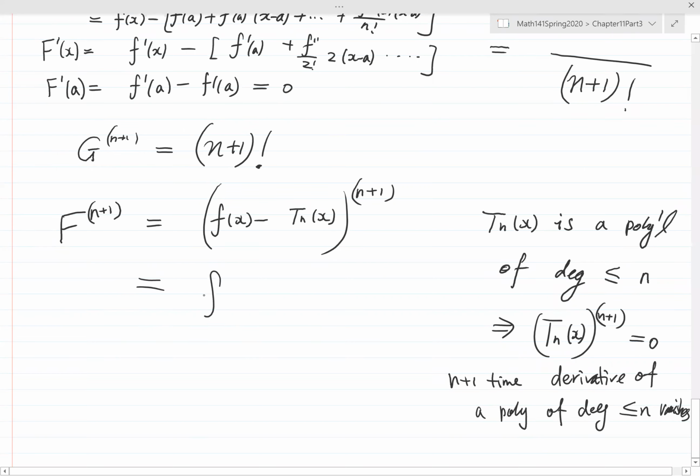So this is actually f's n plus 1 derivative at x minus 0, so this is actually f's n plus 1 derivative at x.